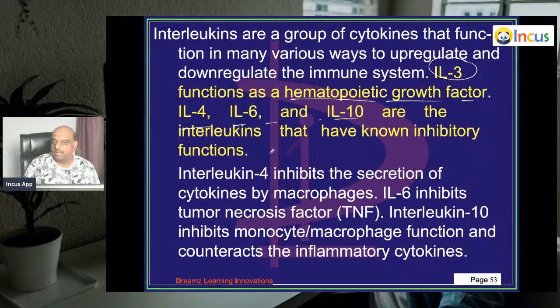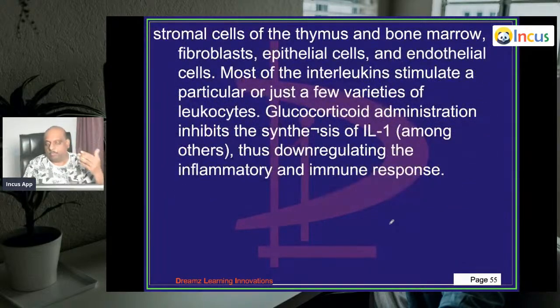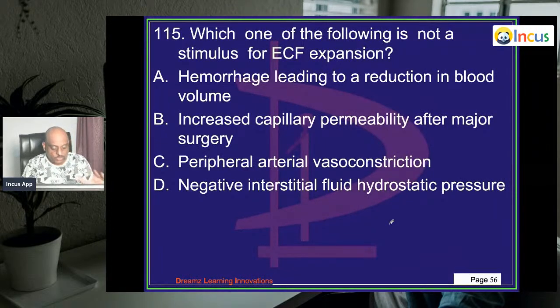IL-4, IL-6, IL-10 are known to have inhibitory functions. Interleukin-6 inhibits the tumor necrosis factor. Interleukin-10 inhibits the monocyte macrophage function. So these are all the important things about interleukins. Definitely a question will come, this is completely a sure-shot item, but you need to be 100% sure about that.